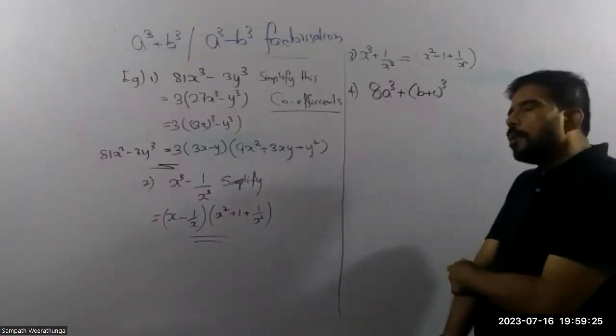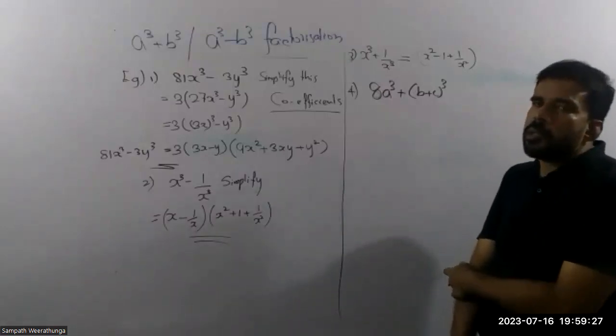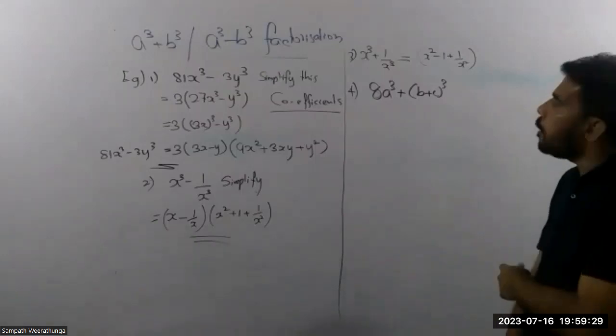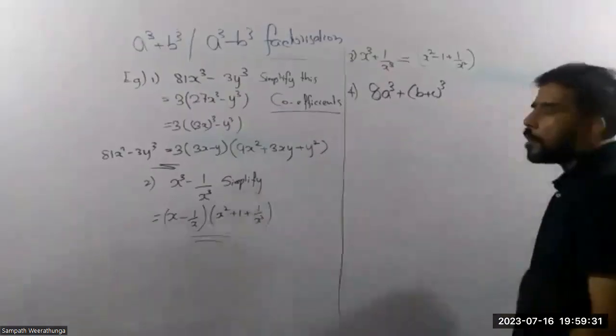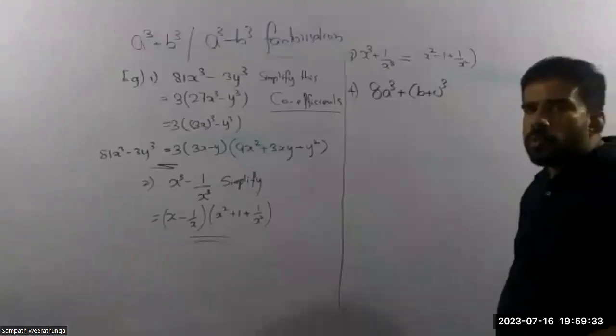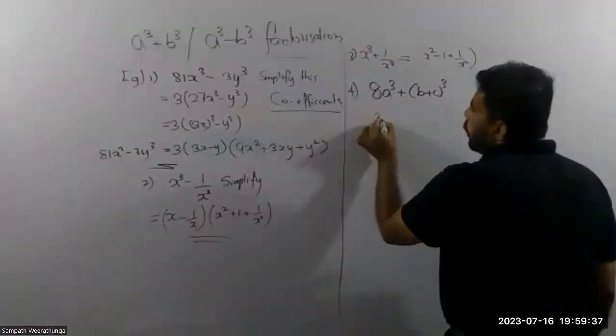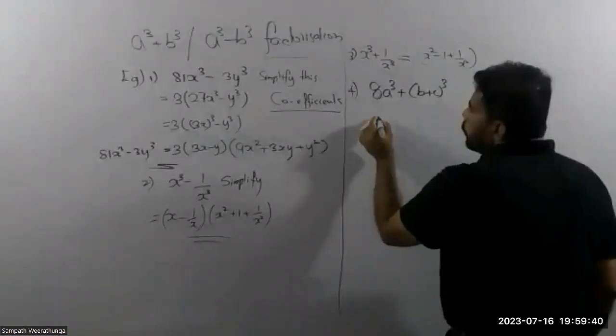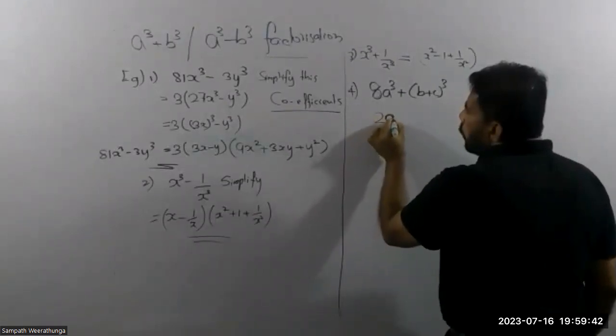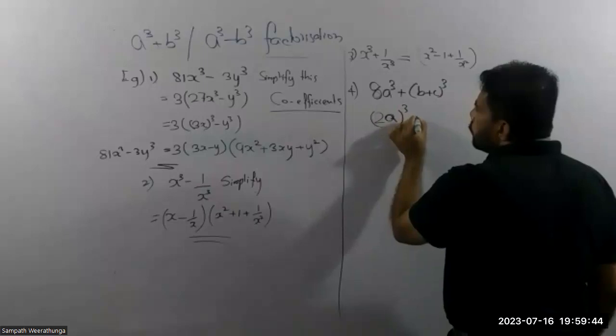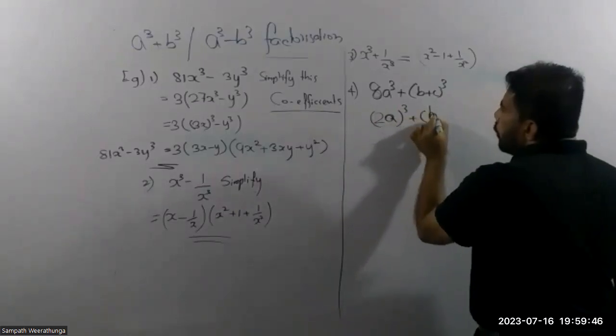We know 2 into 2 into 2 is 8. 2 into 2 is 4, 4 into 2 is 8. So 8 I can write as 2 to the power 3. And directly I write this line: (2a) cubed plus (b plus c) cubed.